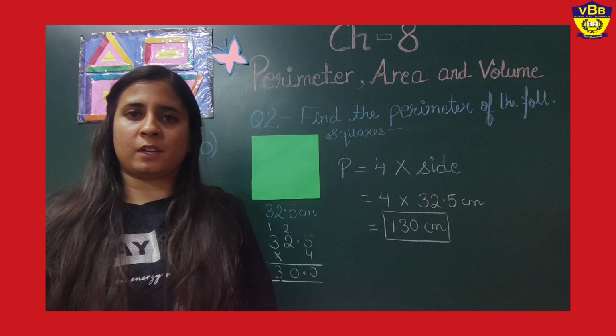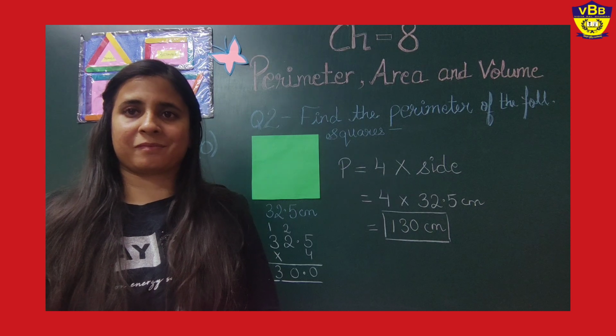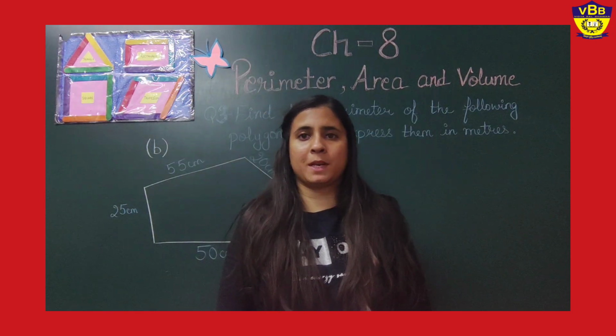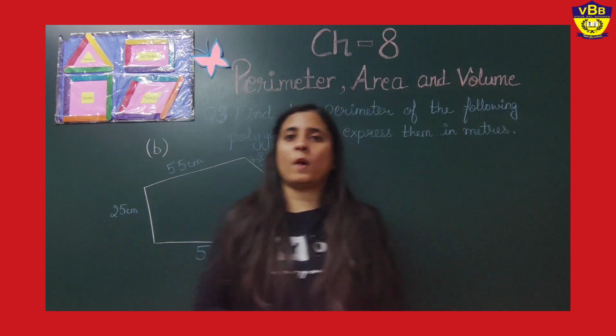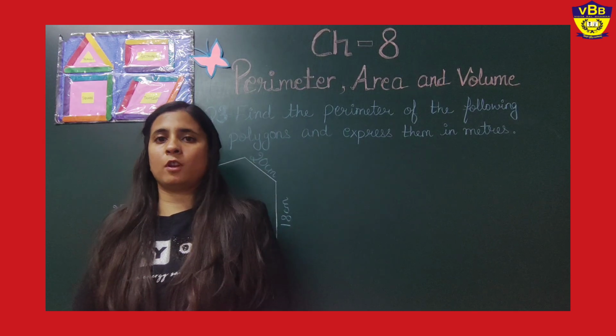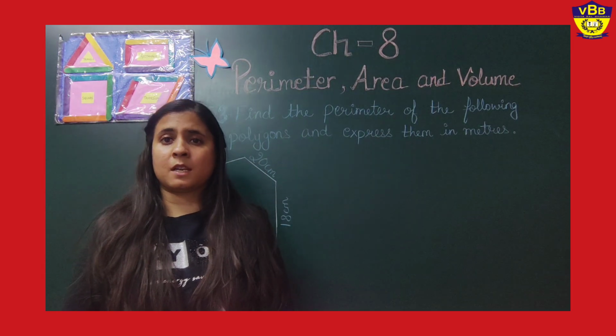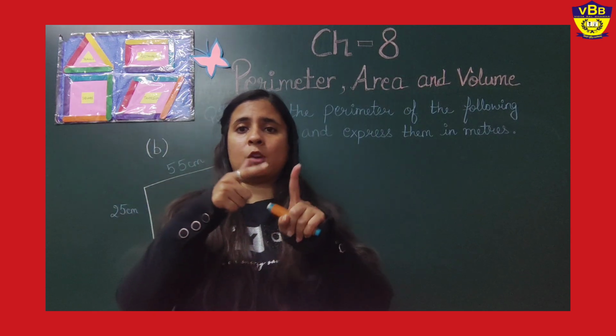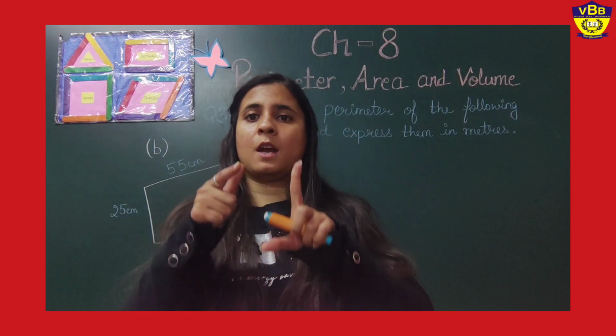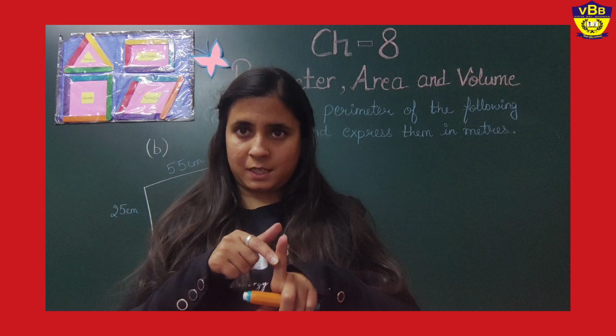I hope you all have understood this as well. Now let us see question number 3. It says, find the perimeter of the following polygons and express them in meters. Just now we have learned how to find perimeter of square, how to find perimeter of rectangle.